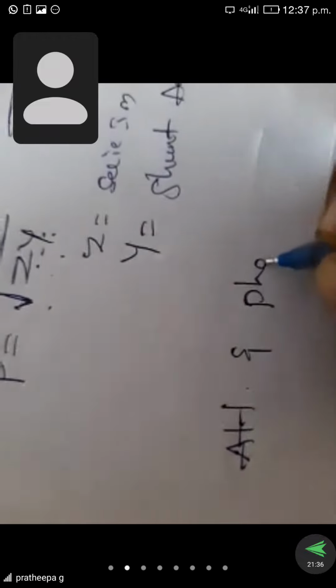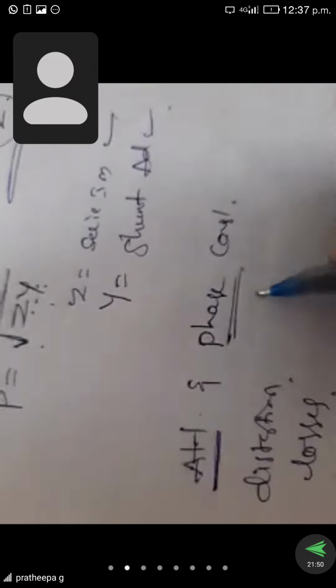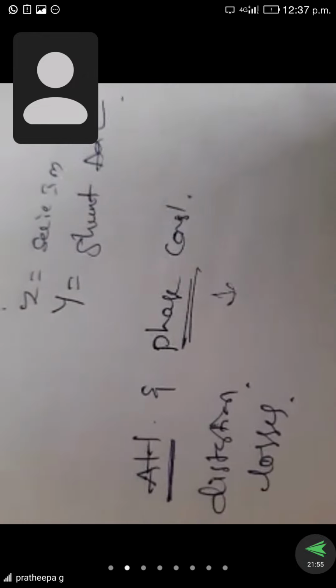Attenuation means distortion, or we can say losses also. And phase is the angle of the signal, right? So here attenuation constant and phase constant.